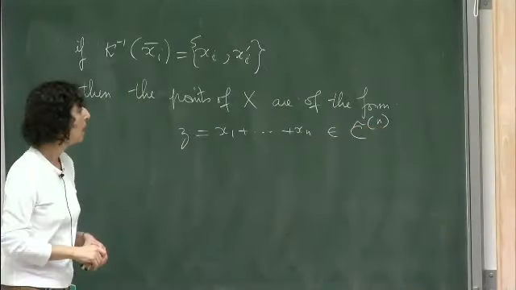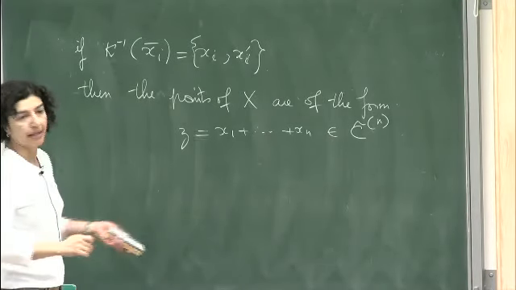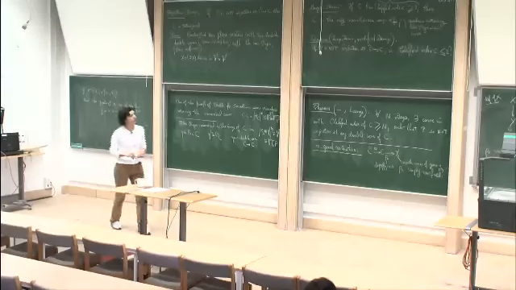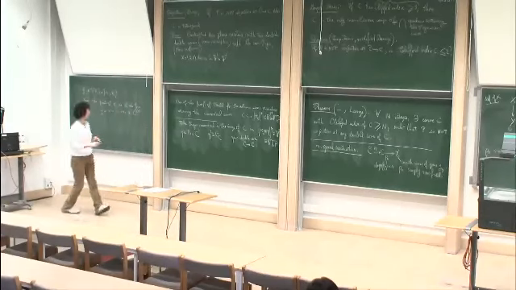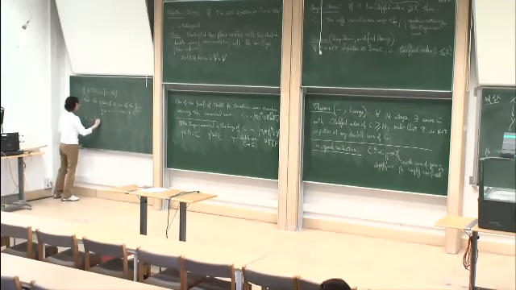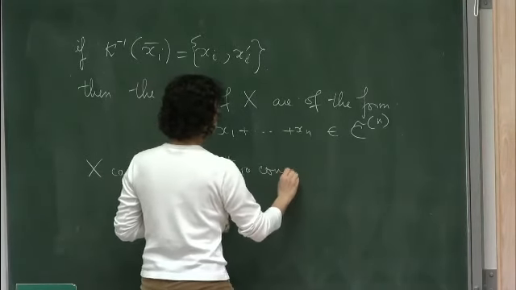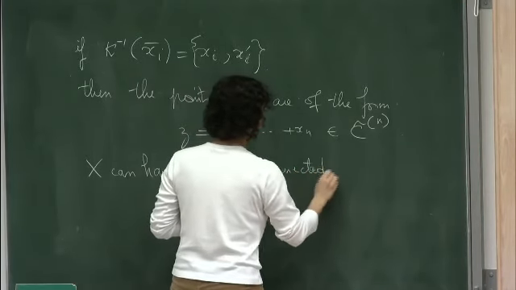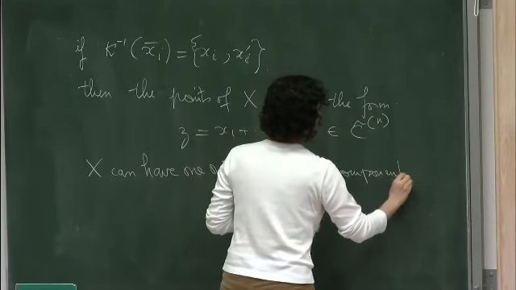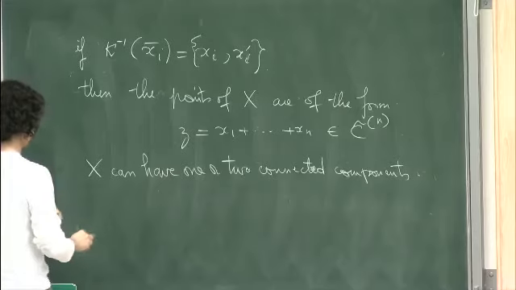All right, and now it can happen that X can have either 2 connected components or 1 connected component. We're going to assume that it's got 2.